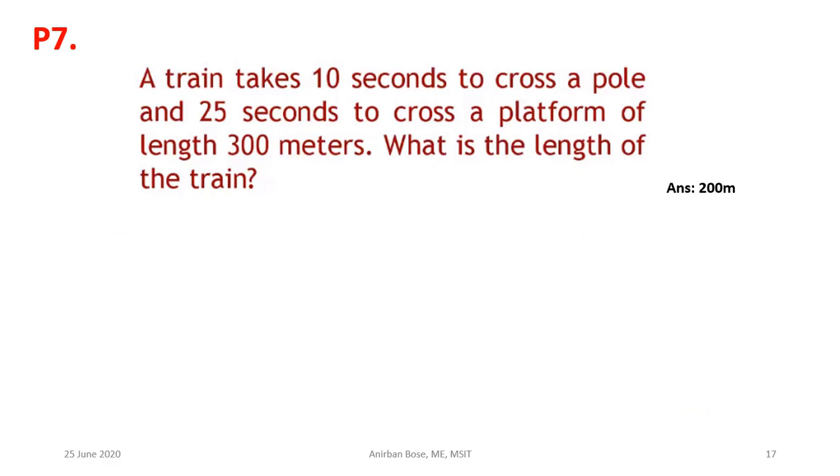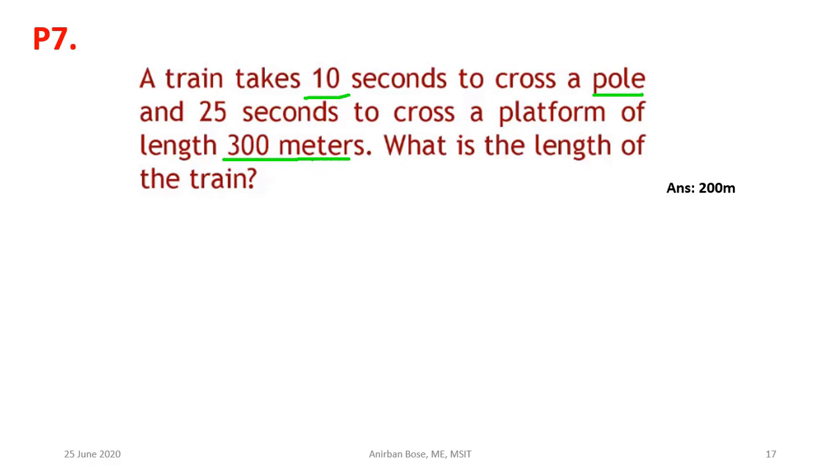Now coming to this problem. A train takes 10 seconds to cross a pole and 25 seconds to cross a platform. Remember, 10 seconds to cross a pole means in 10 seconds it covers its own length. And 25 seconds to cross a platform means in 25 seconds it covers its own length plus the platform. The length of the platform is given as 300 meters.